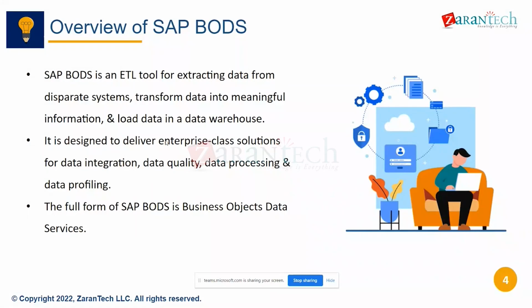Data profiling is nothing but validating the data, doing some basic checks even if we load the data. Whatever rules we define, we need to profile the data. So that is how data profiling will work. How BODS does all this, we will discuss in later sessions.